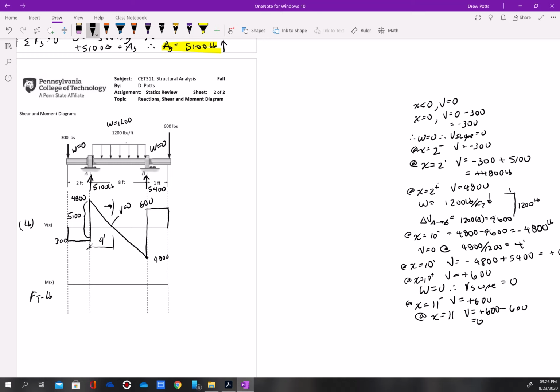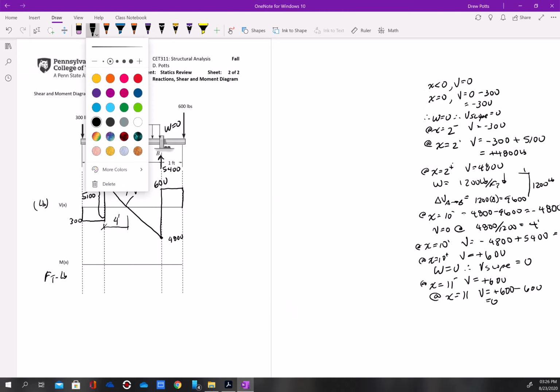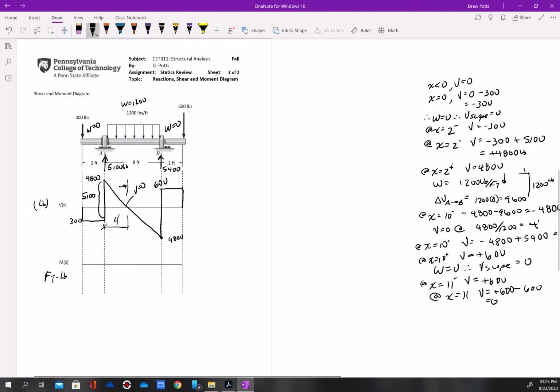Okay. So remember the rules. The V magnitude equals the slope of the M diagram. So here we have a magnitude of minus 300. So between 0 feet and 2 feet, V is a negative 300 pounds.